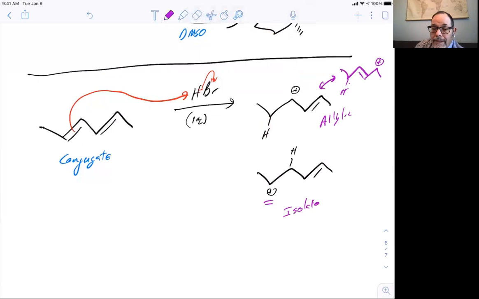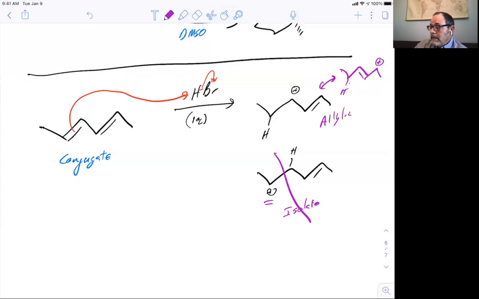That carbocation is isolated. So if we think about thermodynamics and the process here, the first one is going to be favored because it's more stable, and the Markovnikov rule is to add the hydrogen to get the most stable carbocation. So Markovnikov addition here. The first step of Markovnikov is formation of the most stable carbocation.